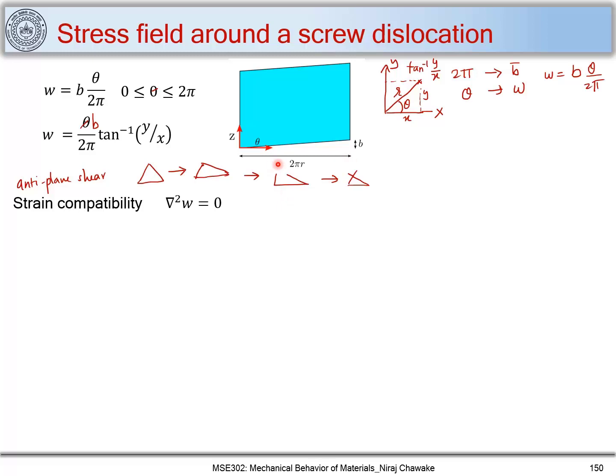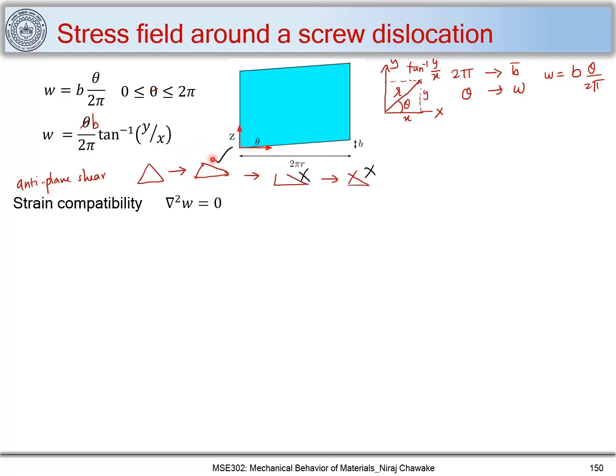So you should not have joints that are broken or joints that are overlapping each other. So these two conditions do not satisfy strain compatibility. Well, this should satisfy strain compatibility.